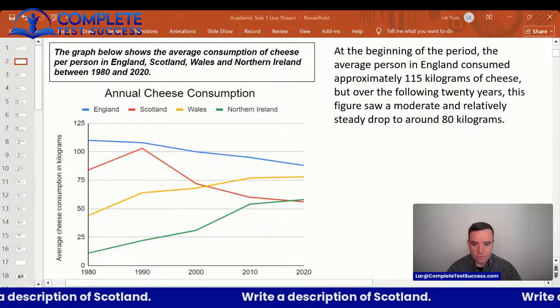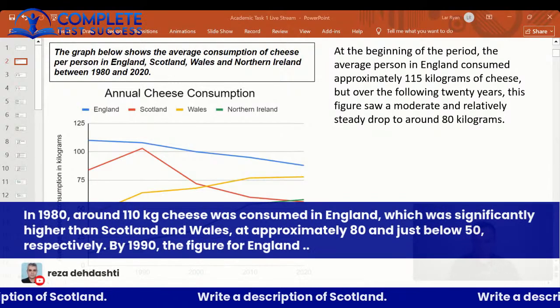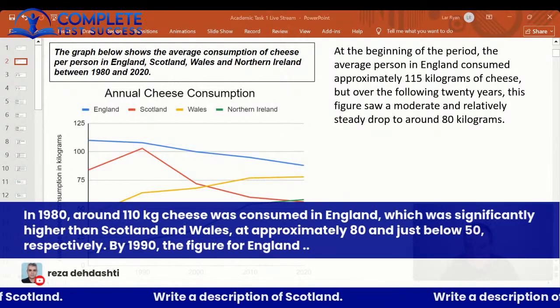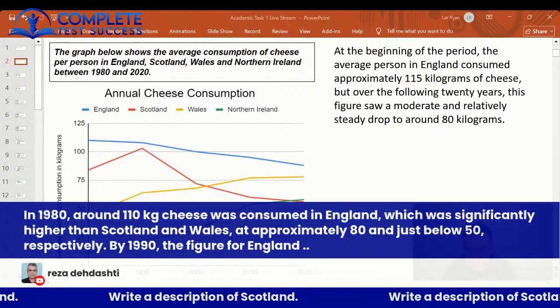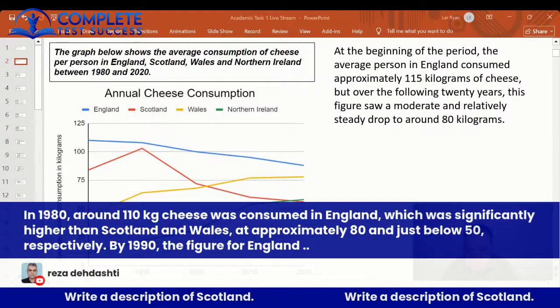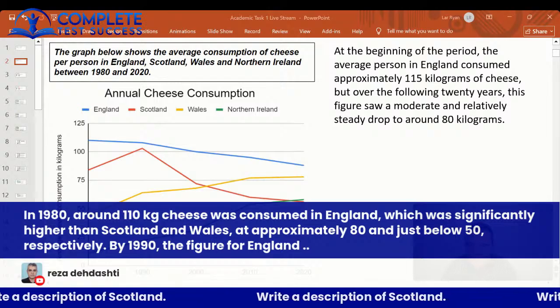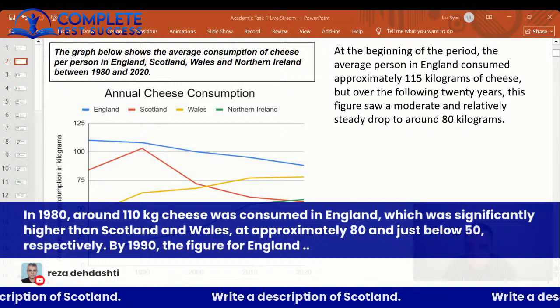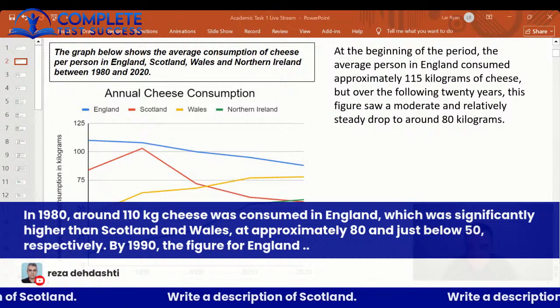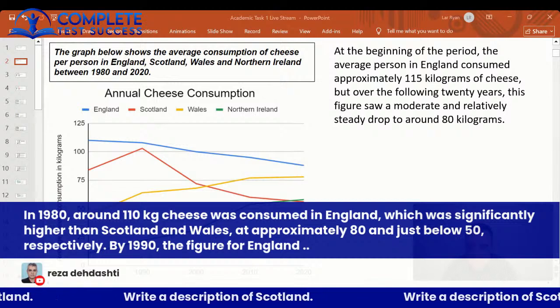Okay, so Reza, here's your description of England. In 1980, around 110 kg, yep, but it would have to be of cheese. Around 110 kg of cheese was consumed in England, which was significantly higher than Scotland and Wales at approximately 80.